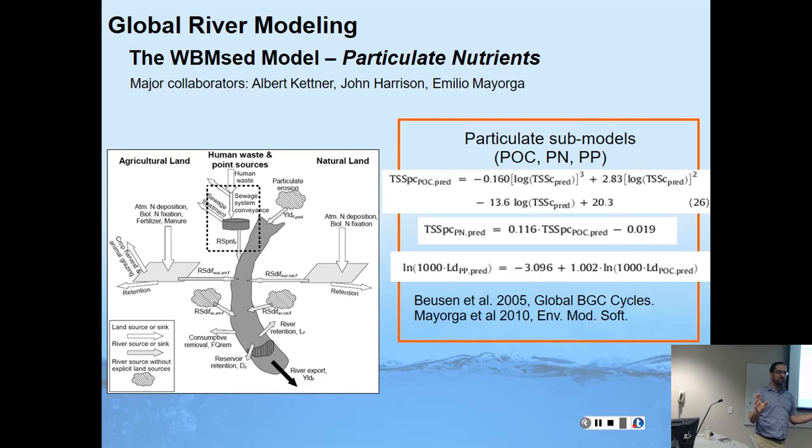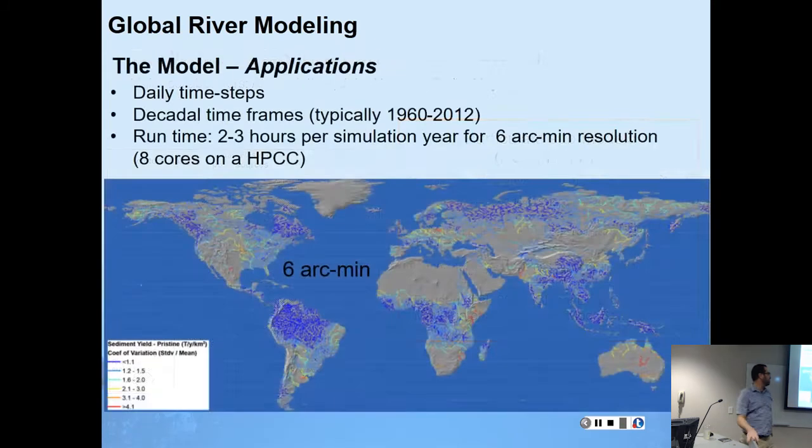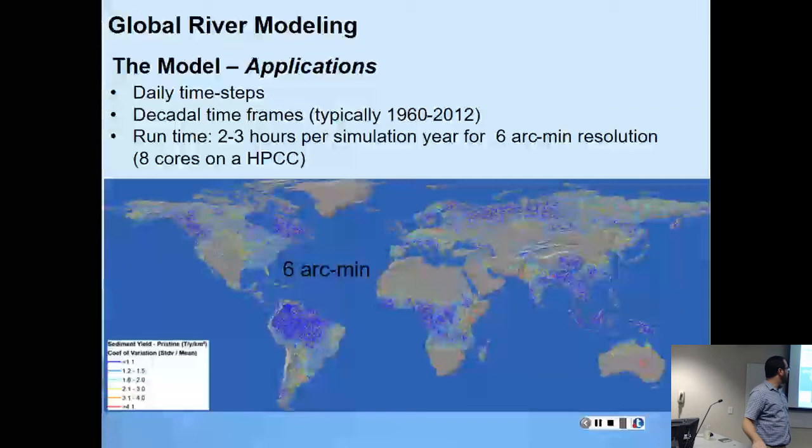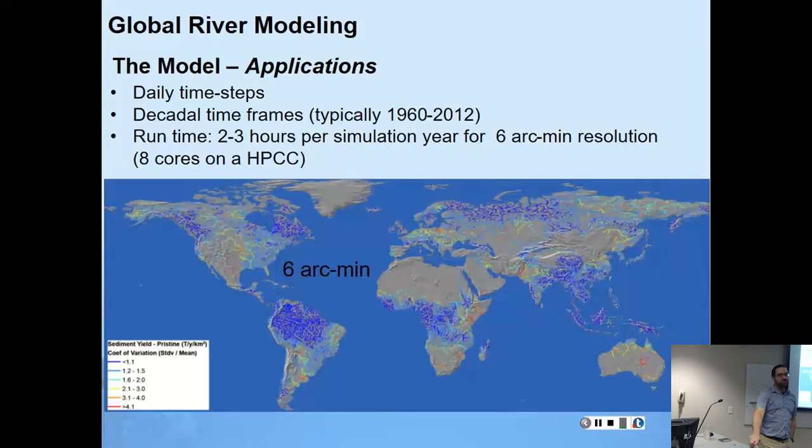Everyone measures in a different way, and it's very sporadic and very local, usually small streams and so on. So we did some initial estimates, and they look pretty good. We need to publish this at some point. So now we do have that capability of doing particulate phosphorus, nitrogen, and organic carbon at the global scale in a spatially explicit way.